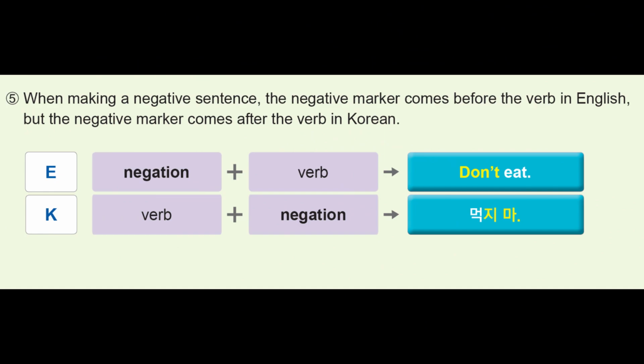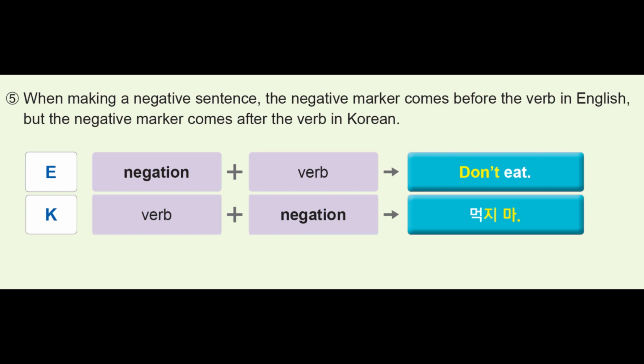Number 5. This is kind of similar, but when we use not in English, it's before the main verb, like I'm not sleeping now, right? The not is between the helping verb be in I'm and the main verb sleeping, but anyway, it's still before the main verb.